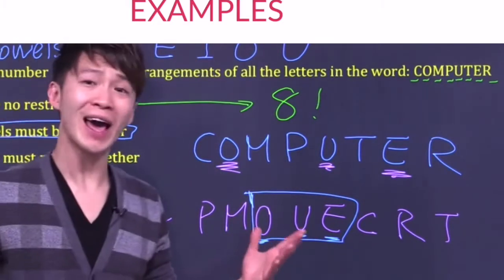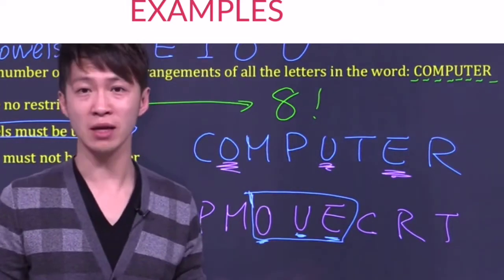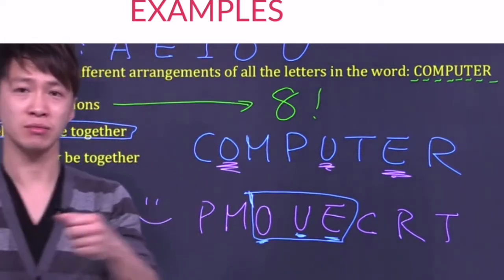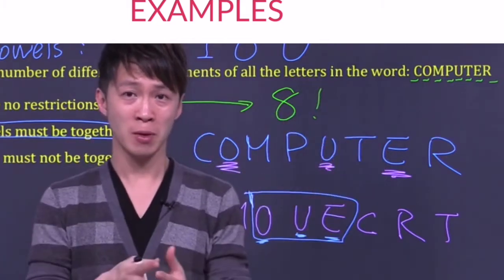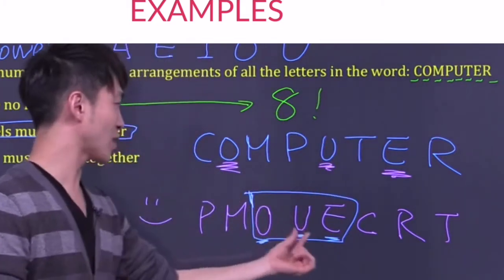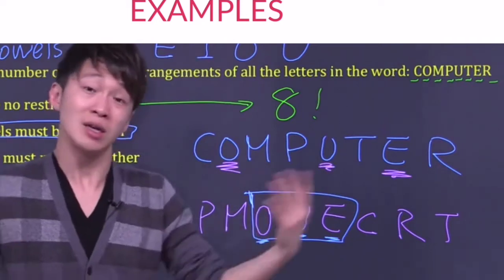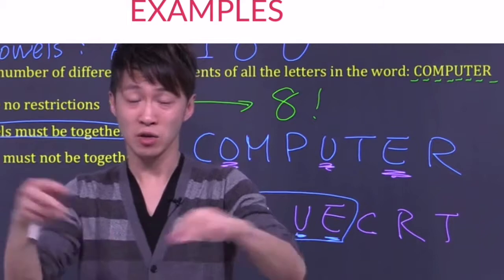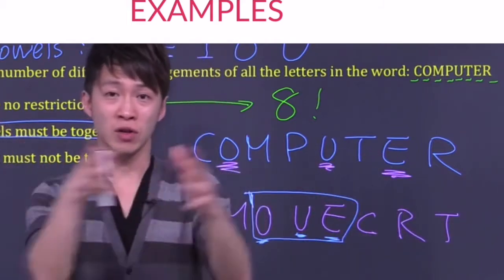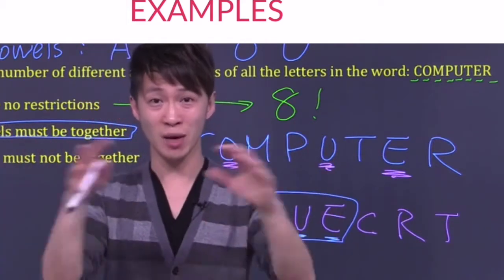Guys, if they have to be together, you know what? Take out a box and put the 3 letters inside that box. Since they have to be together, you might as well just put them in the box together. So however way you arrange them, they are always together in the box.